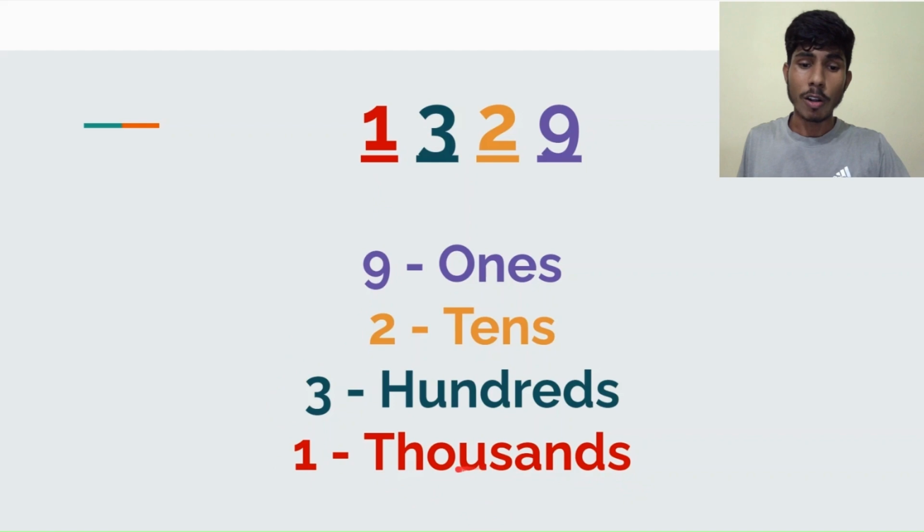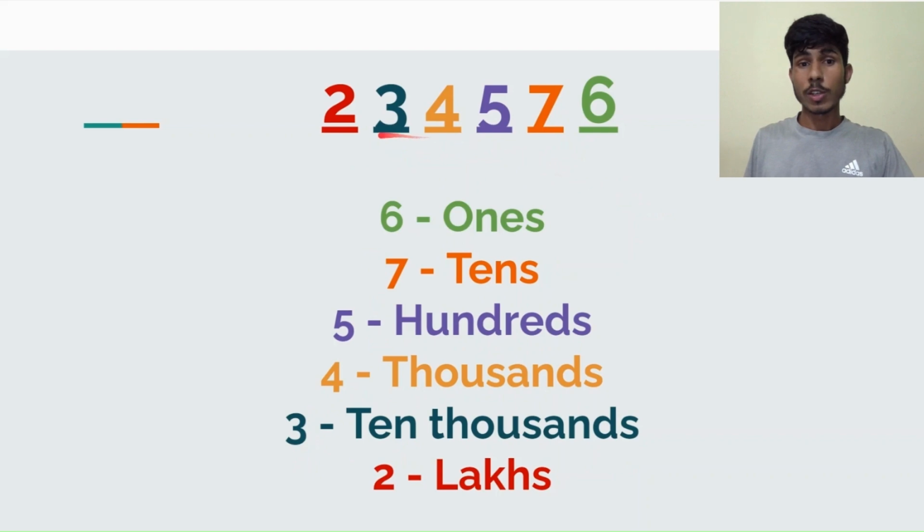If you have all these, 1000, 300, 2 tens and 9 ones, that means you have 1329.